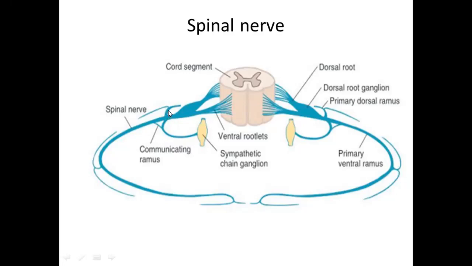The spinal nerve is divided into a dorsal branch supplying the skin and the muscles of the back according to the region, and a ventral branch, which is a mixed nerve supplying the skin and the muscles of the front of the body or anterior body wall. So the dorsal and ventral divisions are mixed branches.